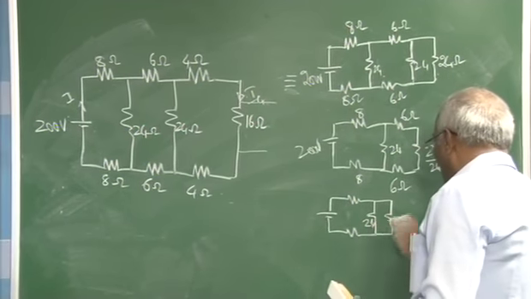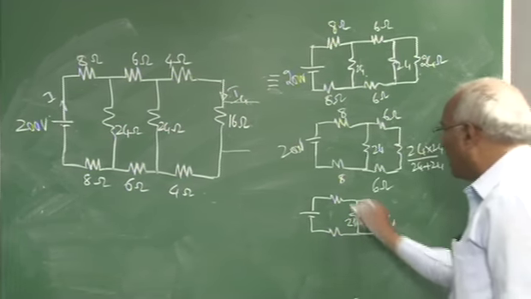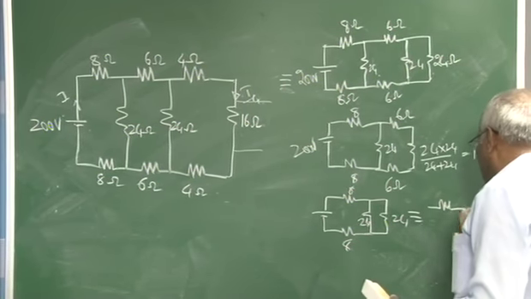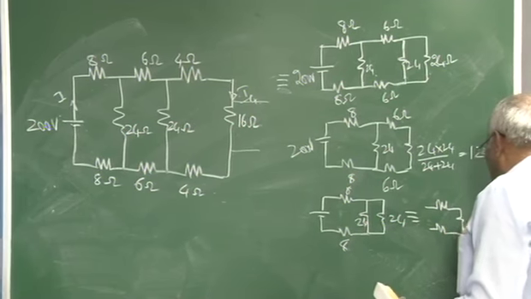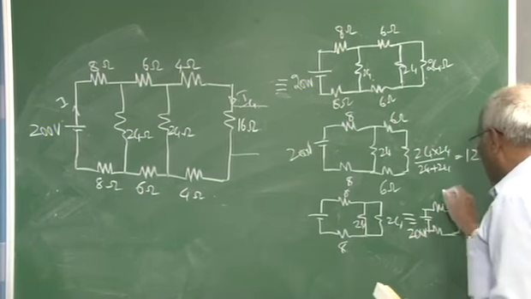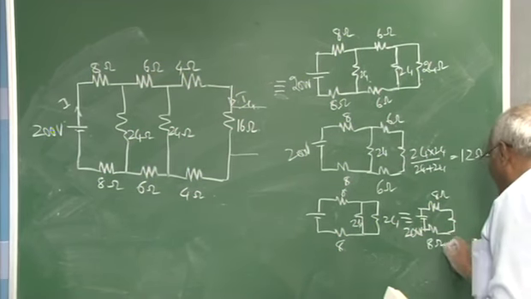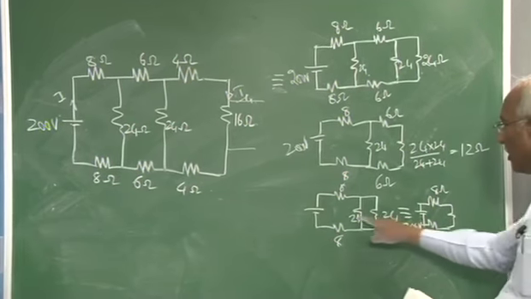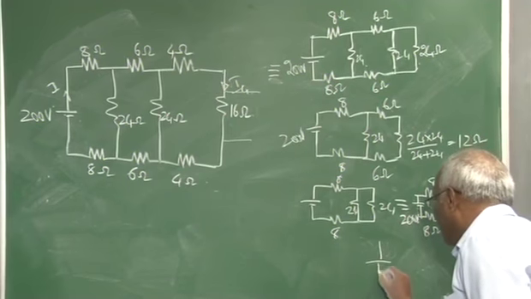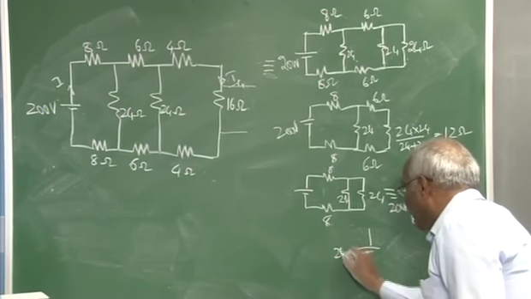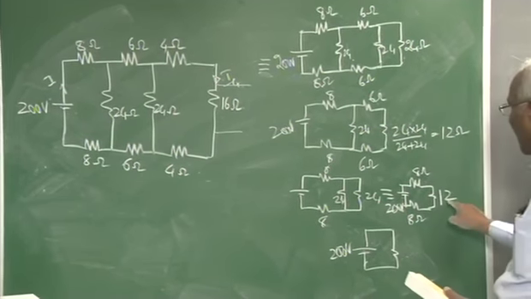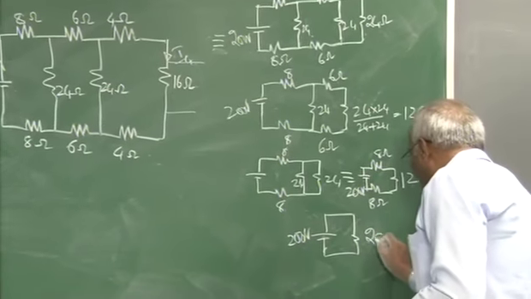this is 24, this will also be 24, this is 8, this also 8. So this works out to: this is 200 volts, this is 8 ohm, this is 24 again, and 24 and 24 in parallel comes to 12. And finally, you can write this as 200 volts, and one resistance of value 12 plus 8, that comes to 28 ohm.